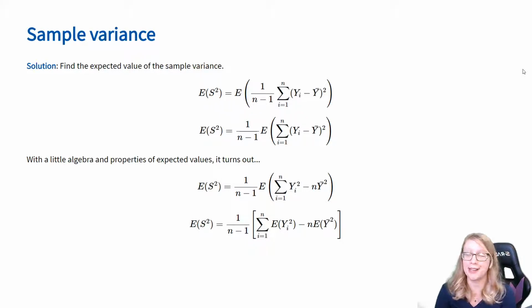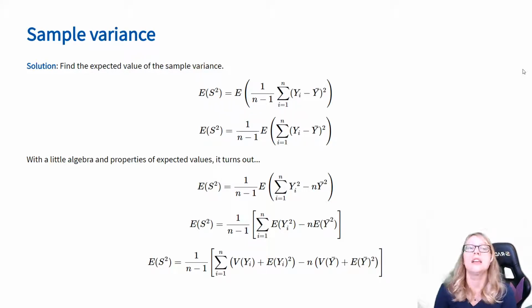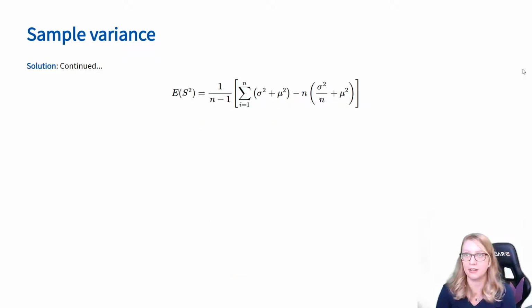Let's go ahead and do that. The expectation of y squared is really just the variance of y plus the expected value of y, quantity squared. Same thing here with y bar squared: that's n times the variance of y bar plus the expected value of y bar, quantity squared.